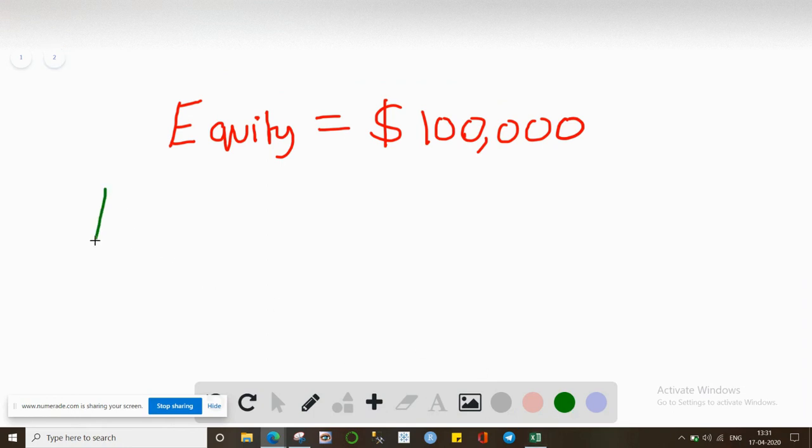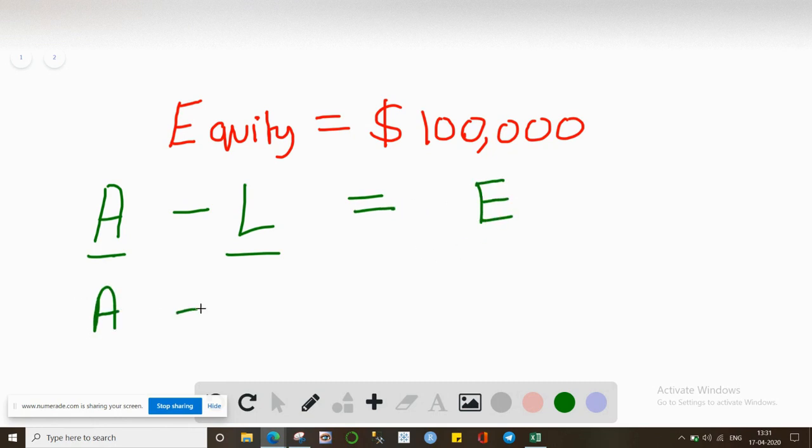Here, this is asset, this is liability, and this is equity. So in the current question we have equity of $100,000.